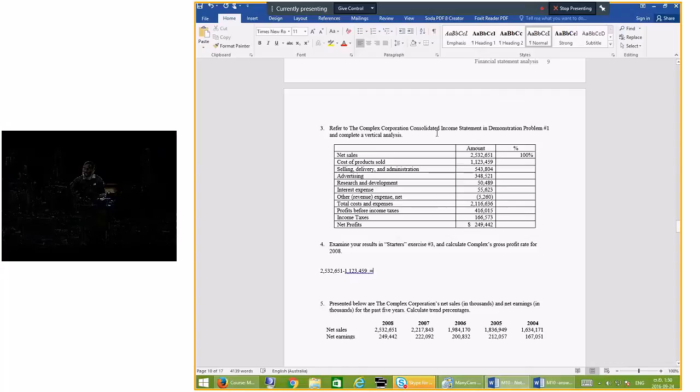Then that should be the gross profit. Then gross profit divided by 2,532,651, that should be the gross profit ratio. Otherwise, it is very easy to calculate this way.